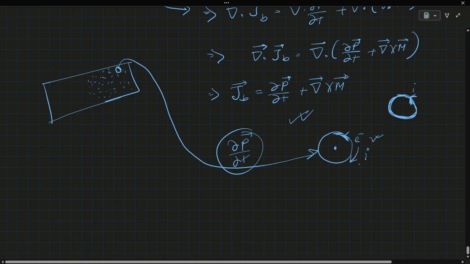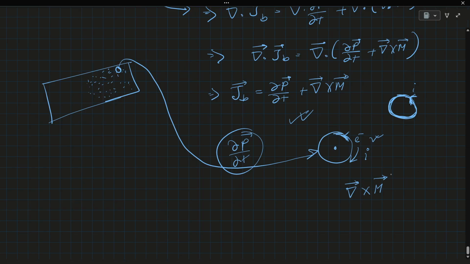These divergence free currents can be represented by the curl of the magnetization. So this is the magnetization current term.